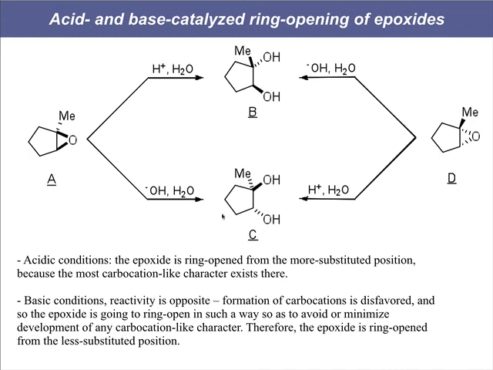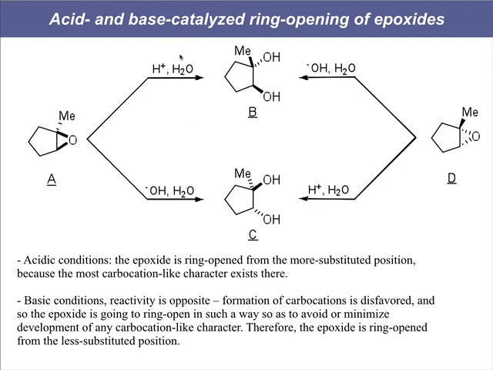And under basic conditions, the nucleophile always attacked from the less substituted side of the epoxide. So under basic conditions, we're always going to attack the less substituted side, and it's going to go from the back side. So our hydroxide would attack this carbon right here to give us the OH down on that carbon and leave us with the O up on the other carbon.